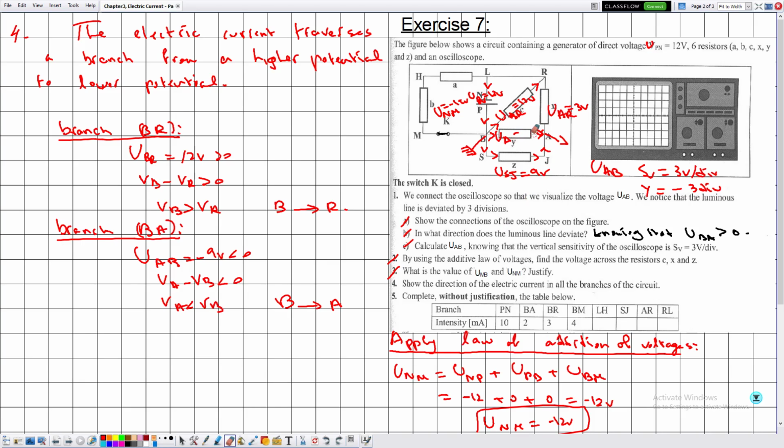So let me get rid of this one and also this one. Now as for UAR, branch AR, we have UAR equal to 3 volts, which is positive, which means that VA minus VR is positive, which means that VA is greater than VR, which means from A to R.